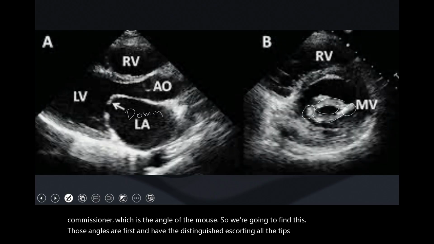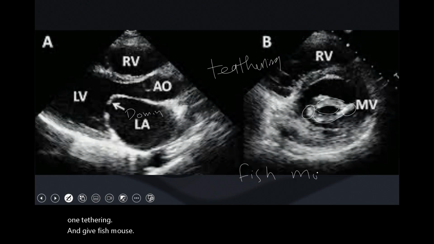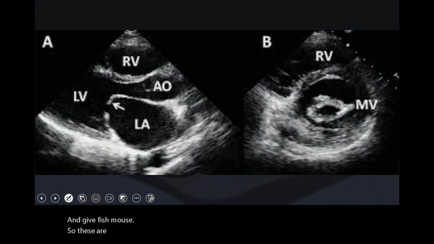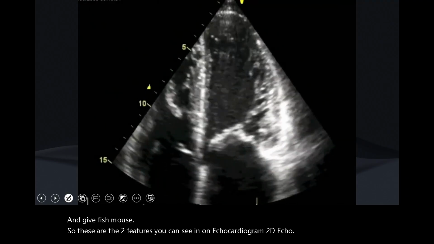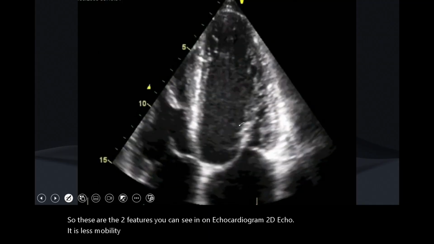We call this tethering, and it gives the fish mouth. These are the two features you can see on 2D echocardiogram. There is less mobility, thickness on the tips, and narrowing of the opening.